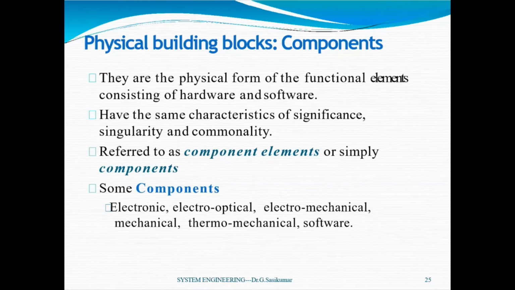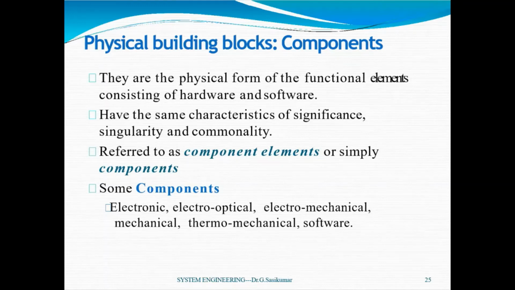So what is the configuration of your mobile? What is the configuration of your laptop? What are the functions of your automobile car? So we look at the features of your refrigerators. Okay, everything is called a component. A component has both concepts, one is hardware and software, and has the same characteristics: significance, singularity, and commonality.